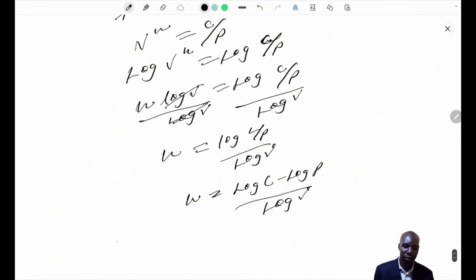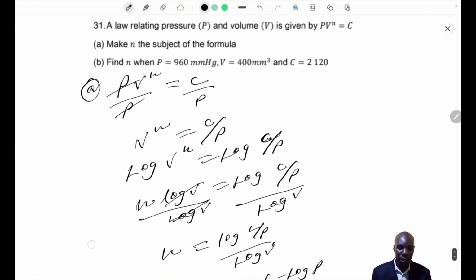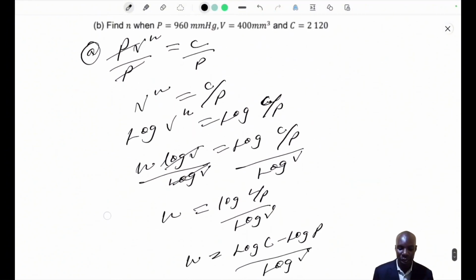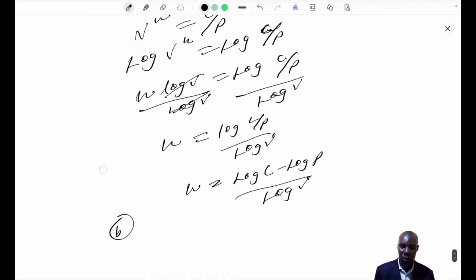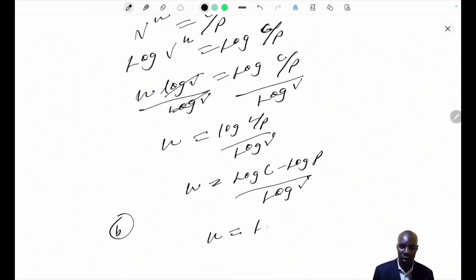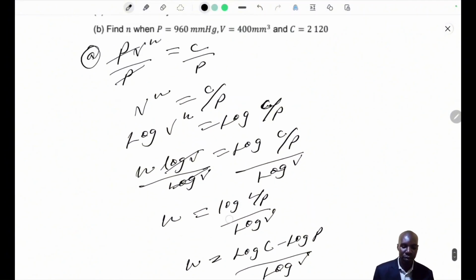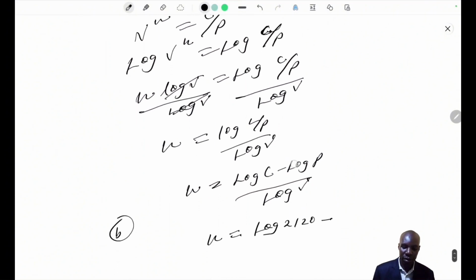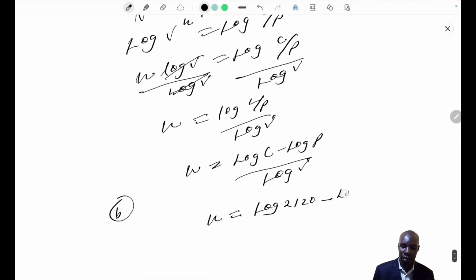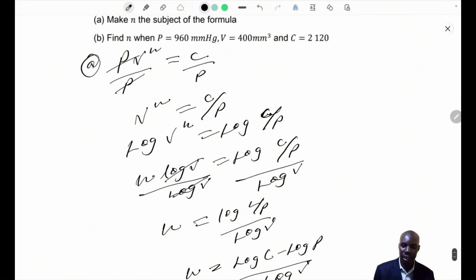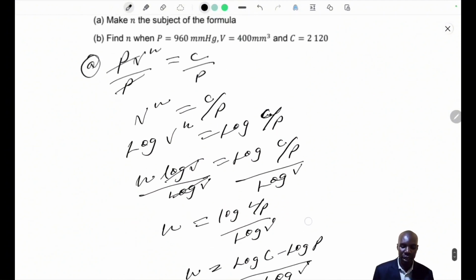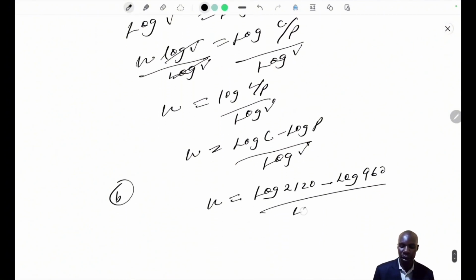So part B, we are told find N when P is 960, V is 400, and C is 2120. So N is log of C, which is 2120, minus log of P, which is 960, over log of V, log 400.